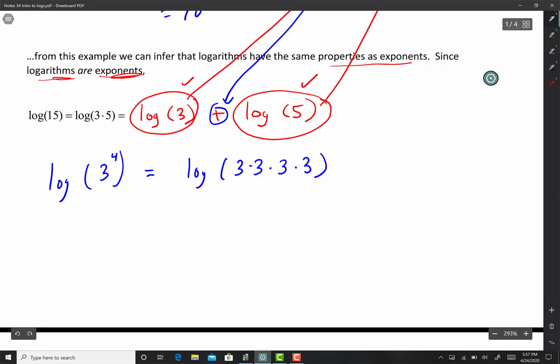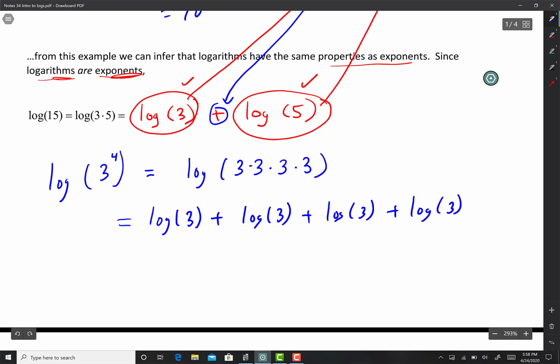And we just covered what the product property was for logs. It's just like exponentials. I can rewrite this as log 3 plus log 3 plus log 3 plus log 3. When I do that, 1, 2, 3, 4, you have 4 of them, guys. So this is equivalent to 4 log 3. So you can see there are some patterns. I can just rewrite that and move that up there. See? So hopefully that made sense to you.